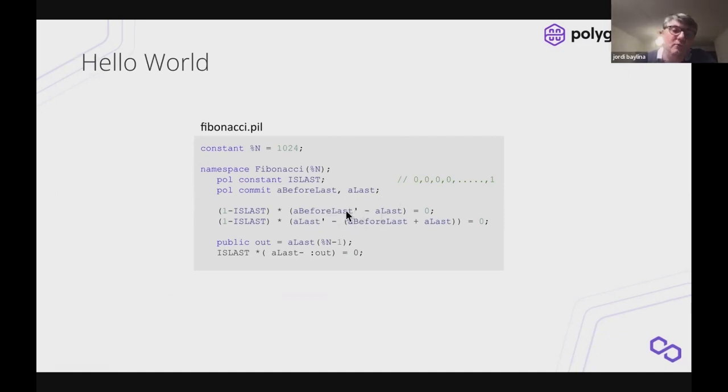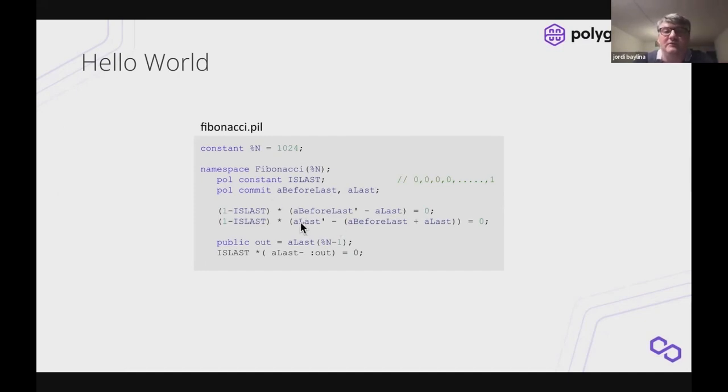This must be 0 when isLast is 0, because if isLast is 1, this is already going to be 0, so I can put any value here. With this multiplication, I'm avoiding the connection of the last row to the first row.